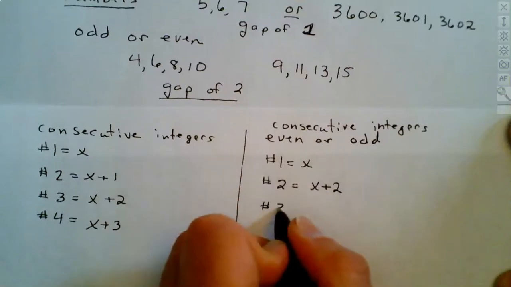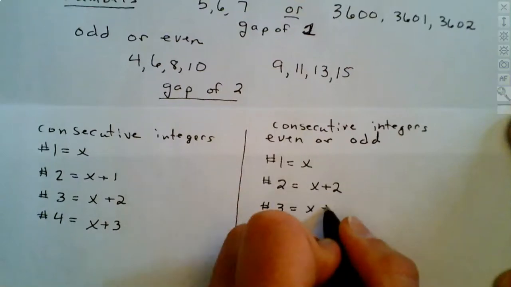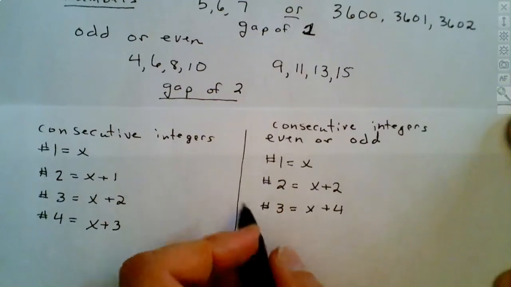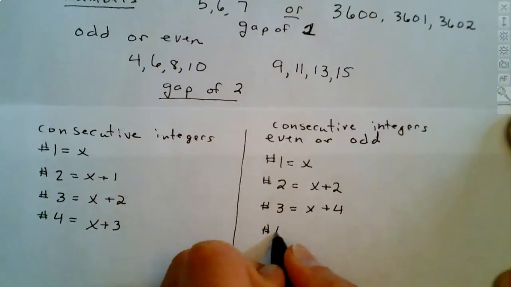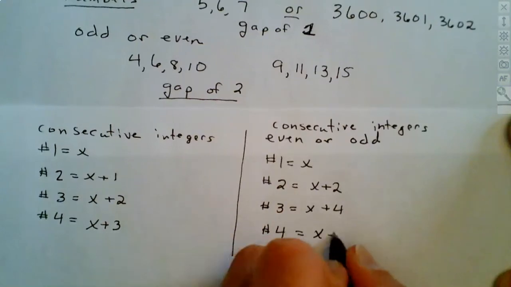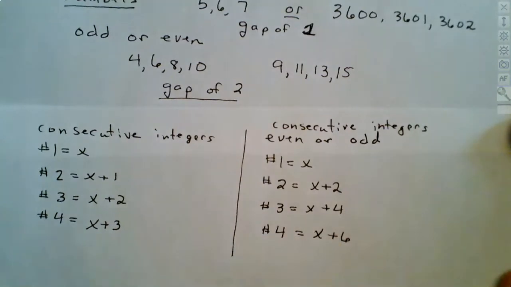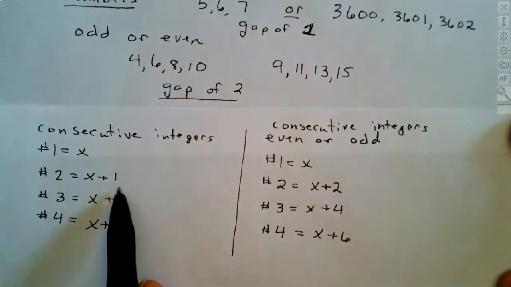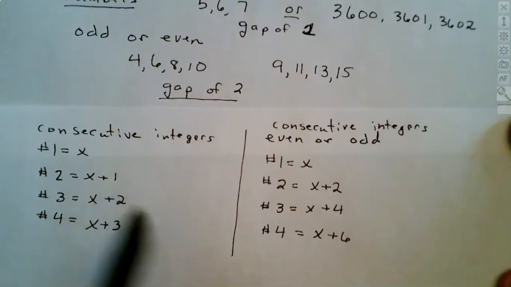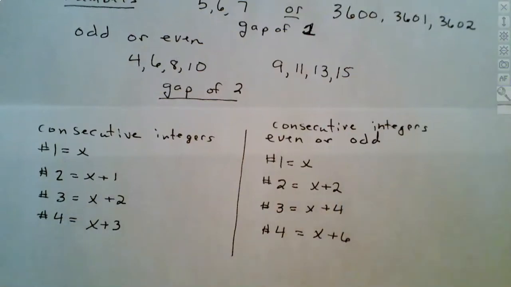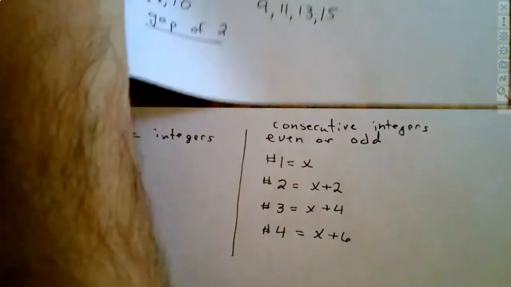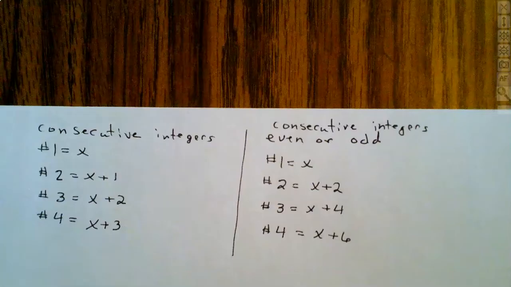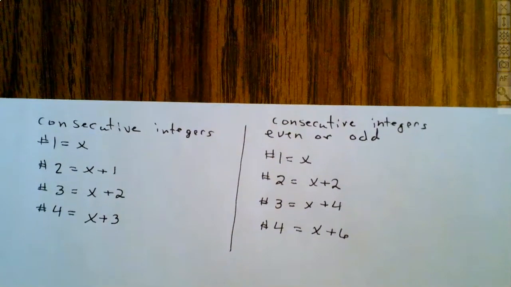Third number, x plus 4, adding 2 every time. And your fourth number would then be x plus 6. So we add 1 for plain consecutive integers. For even or odd, we have to add 2. We'll do probably 3 of these, and then that's going to finish our lecture for today.